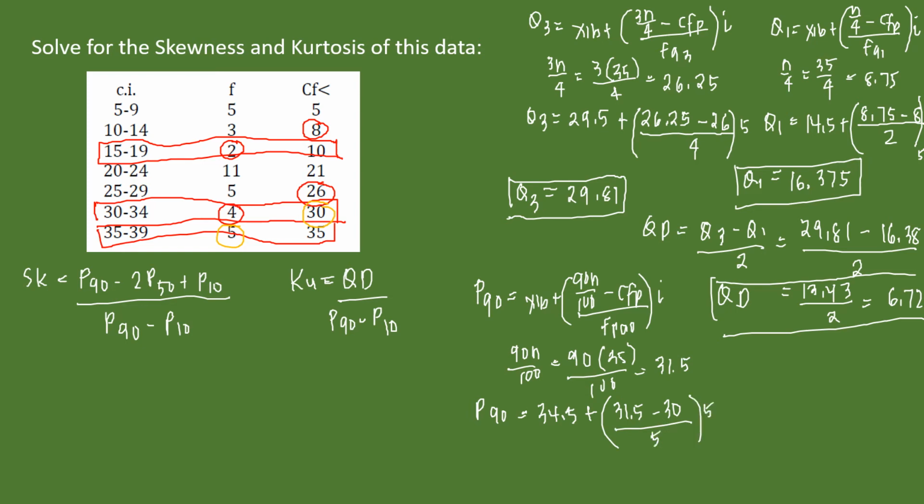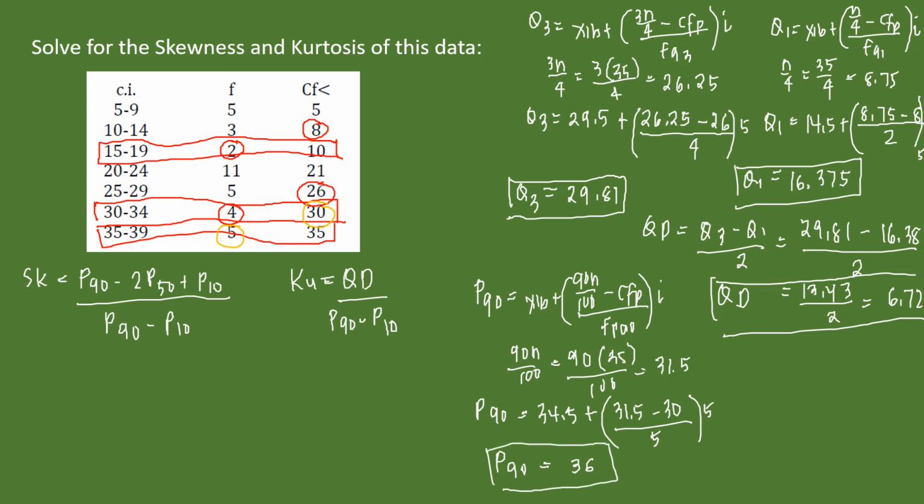And if we simplify that, 31.5 minus 30, that's 1.5, divided by 5, that's 0.3, times 5, that's 1.5, plus 34.5. Then P90 is equal to 36. Okay.